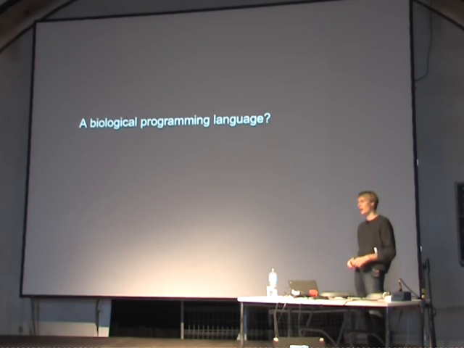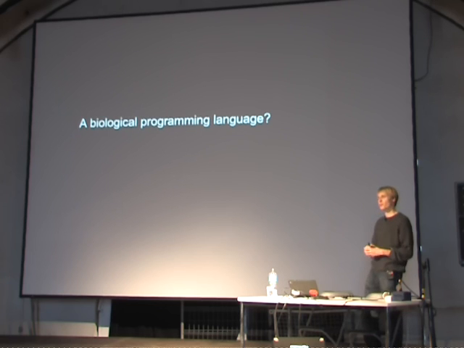There are some efforts going on right now out of BBN laboratories, on the east coast of the USA. But it's very early work, and even though we have some initial implementations, it doesn't really compile down to working biology yet. Hopefully it will soon.